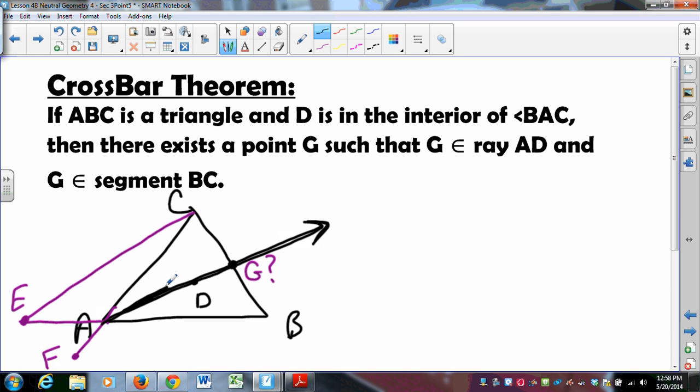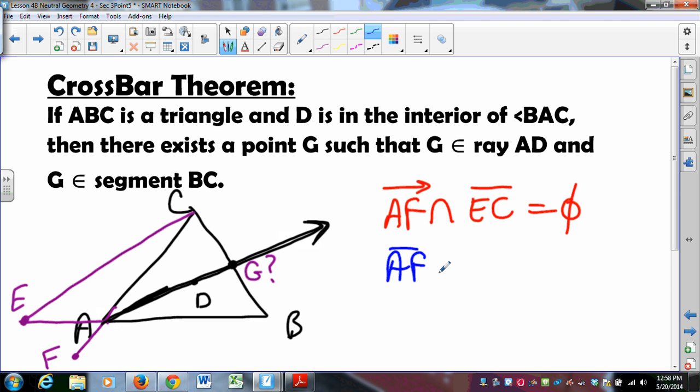What we want to show is that it is BC. So we therefore have to show three things. We have to show that ray AF doesn't hit segment EC. We have to show that ray AF doesn't hit segment BC.